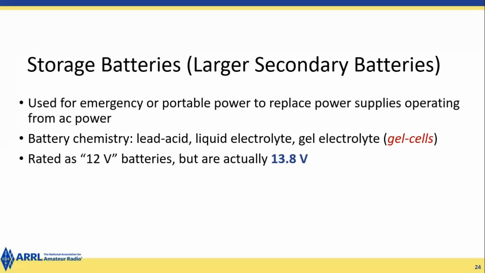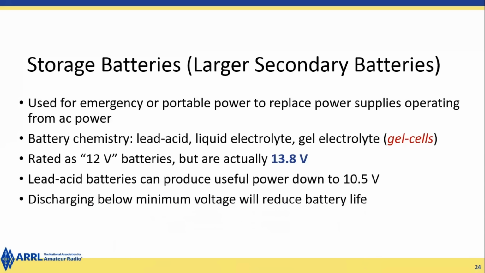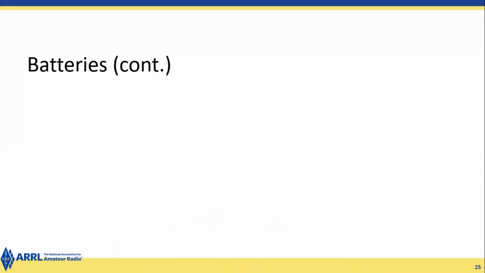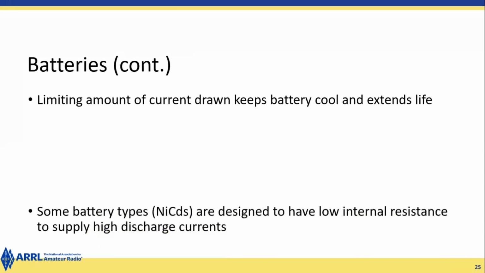They're rated as 12-volt batteries, but are actually 13.8 volts. Lead acid batteries can produce useful power down to about 10.5 volts. Discharging below minimum voltage will reduce the battery life. Limiting the amount of current drawn keeps the battery cool and extends its life, so be conscious of that.